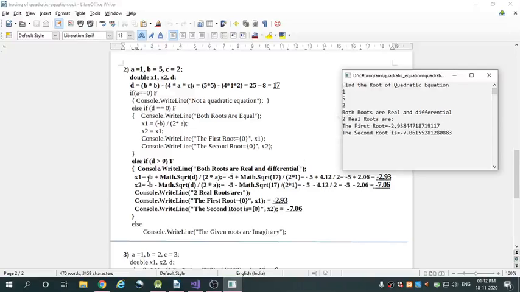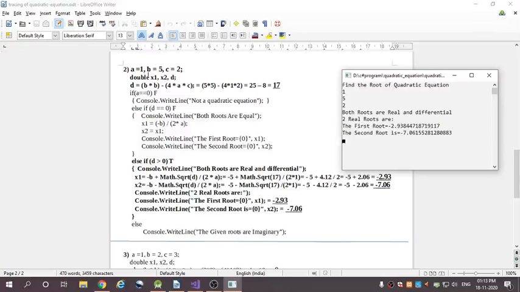After that x1 is equal to minus b plus Math.sqrt in bracket d, divided by 2 into a. You see here the b value is 5, so minus 5 plus Math.sqrt, means square root of this d, which is 17. The square root of 17 is 4.12, divided by 2 into 1.